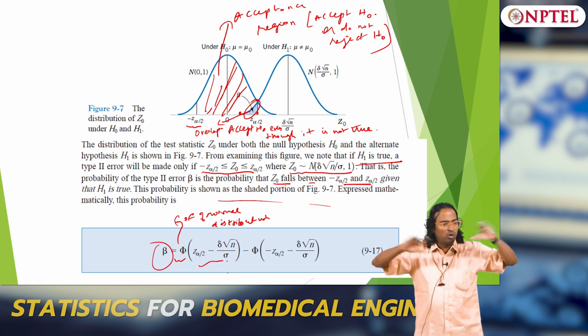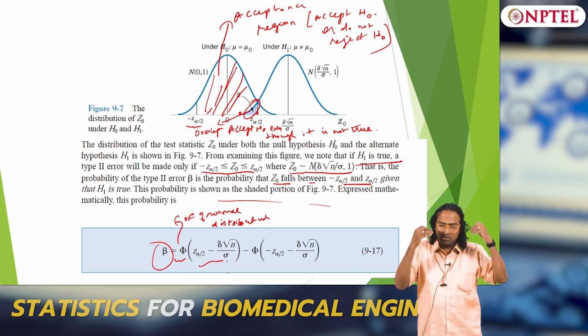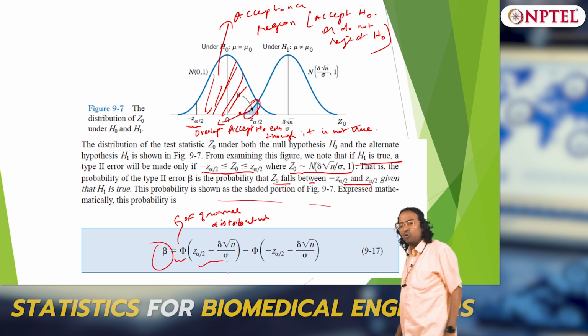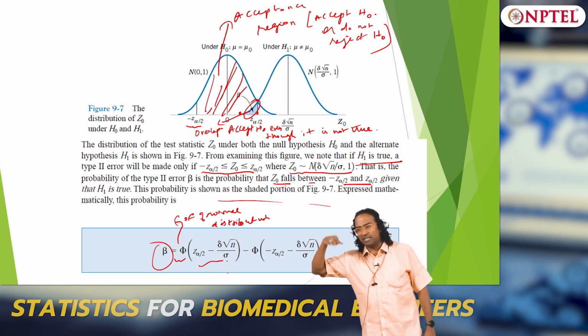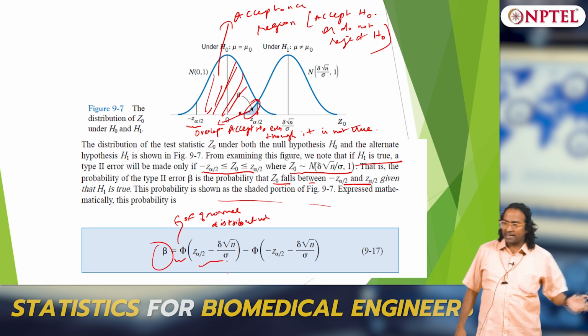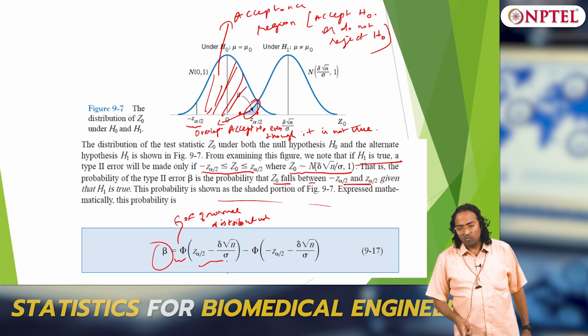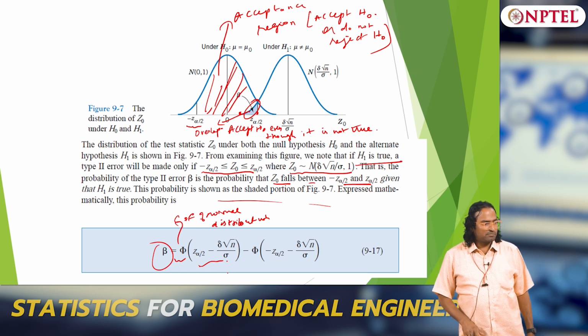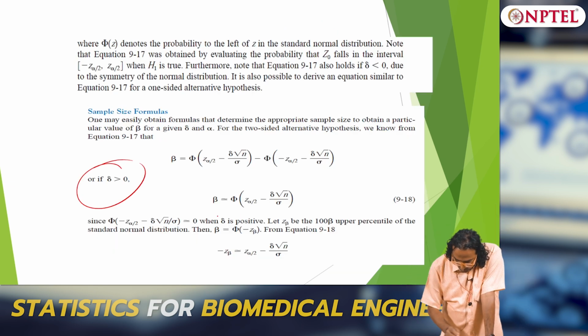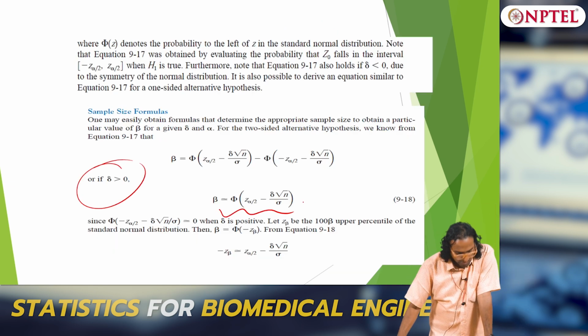Both overlaps cannot happen, that means your distribution is horrible. In fact, it will never happen. So one of them will go to 0, depending upon whether delta is positive or negative. Clear? So if delta is greater than 0, you have only one term. If delta is less than 0, then you will have the other term. Okay.